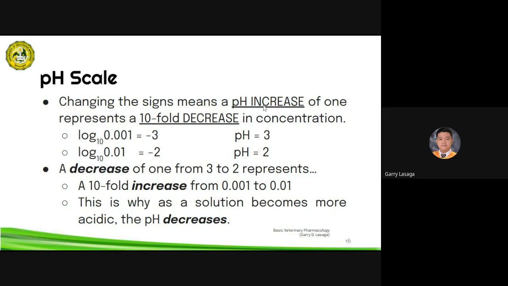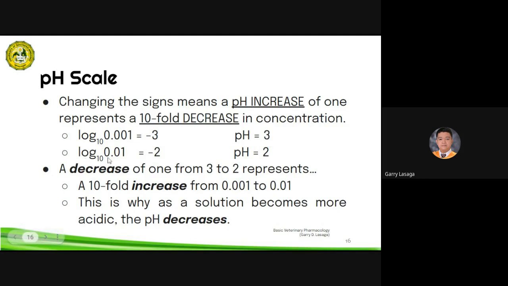When we increase the pH by 1, it would also represent a tenfold decrease in the concentration of our hydrogen ions. So for example, the log base 10 of 0.001, which is equal to negative 3, when interpreted through a pH scale, will be equal to 3.